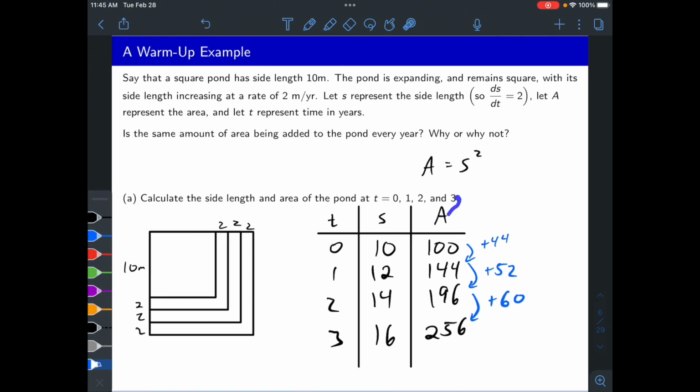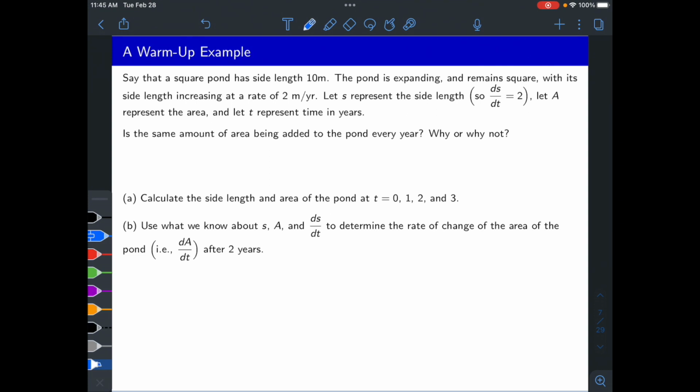So we're able to estimate it just using this table, right? But we don't want to rely on estimations for all of our answers. We want to be able to do this in a more efficient and exact, or precise, way.